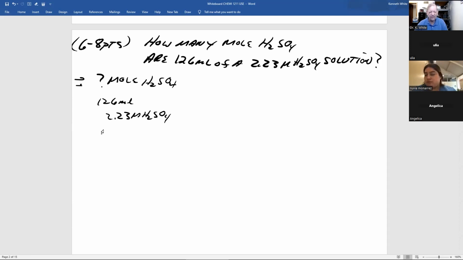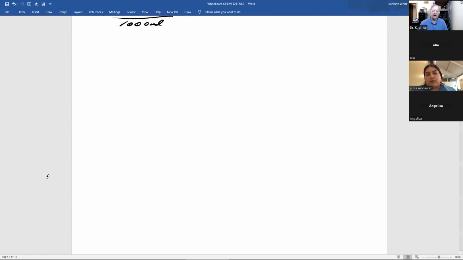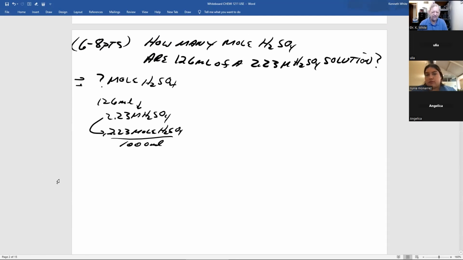Oh, look, capital M in between a number and chemical formula, molarity. That means 2.23 moles of sulfuric acid per 1,000 milliliters. That's ml, sorry about that.